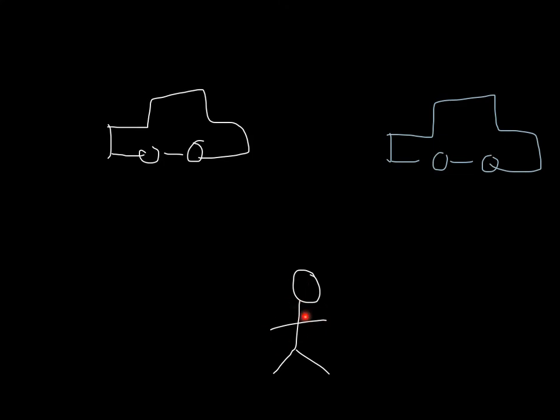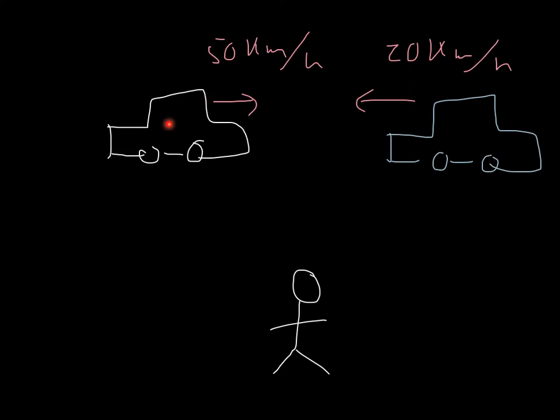So, according to this guy, this car is moving this way, and this car is moving this way. Let's just say he's moving at 50 kilometers per hour, and he's moving at 20 kilometers per hour. Now, the relative velocity of this guy with respect to this guy is 50 kilometers per hour. The relative velocity of this guy with respect to this guy is 20 kilometers per hour, which is basically when we say relative velocity, we mean the velocity that this guy here measures.